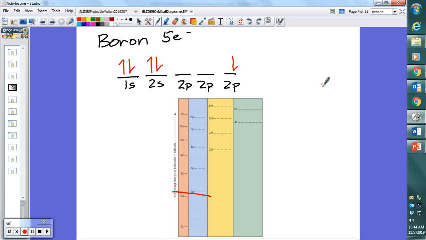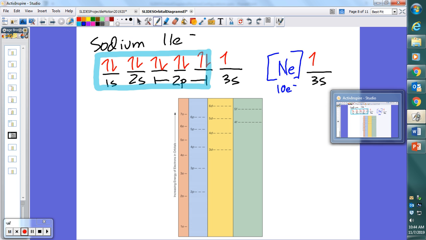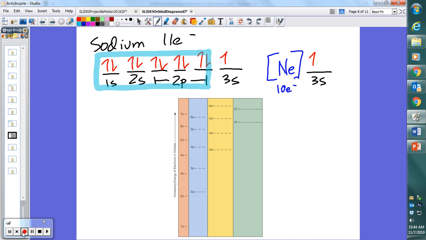Technically, when we do boron, these are all full too, right? But there's something different about these ones being full. Here, the 2p's are full, and what does that mean about all of the 2 orbitals? They're all full. Every orbital that starts with a 2 is completely full.